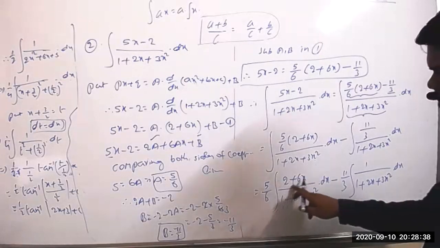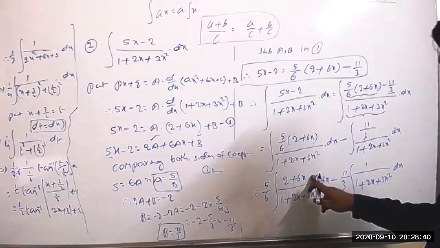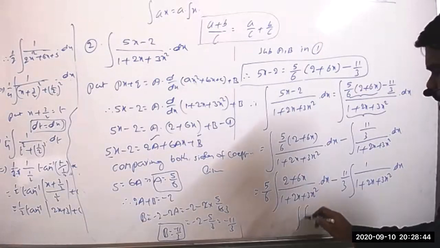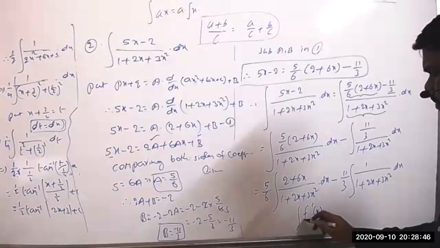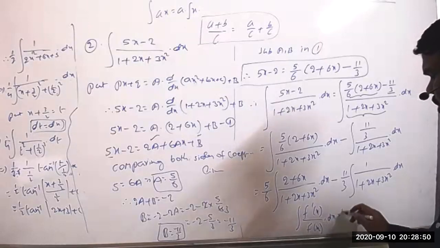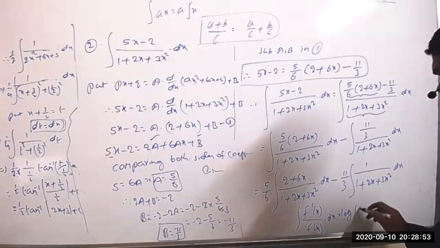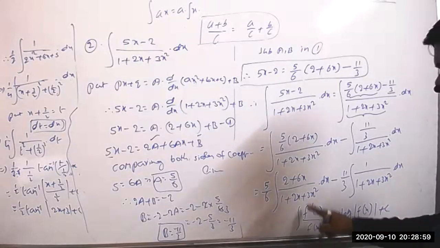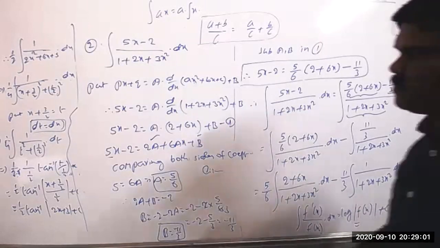We got that clearly. F dash of x by f of x. If you want, you can write the formula here: integration of f dash of x by f of x into dx is equal to, we always know the formula, log modulus of f of x plus c. So in place of this, you can write directly this one.